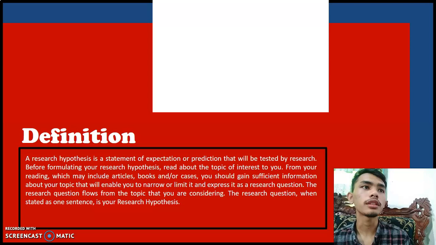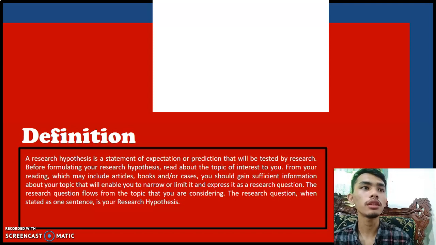Formulation of hypothesis: a research hypothesis is a statement of expectation or prediction that will be tested by research. Before formulating your research hypothesis, read about the topic of interest to you.